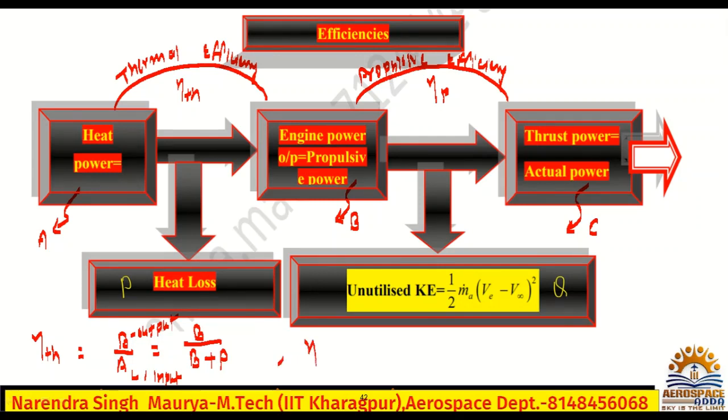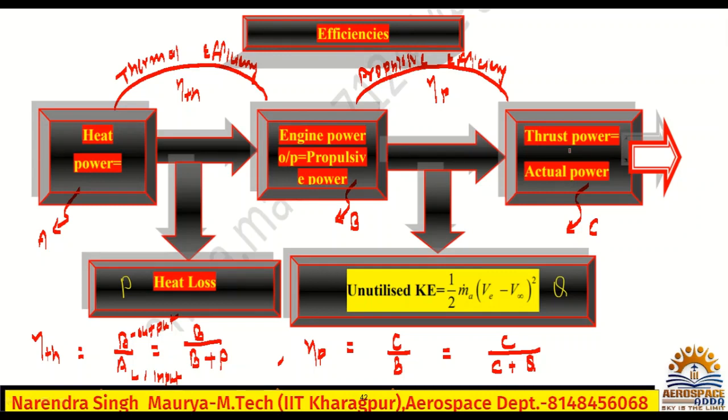Similarly, you can write propulsive efficiency, which is nothing but output divided by input, C by B. Or you can write output divided by input, input means output plus loss. What is the output? C, plus loss. What is the loss? Q. Hope you understood. So for the propulsive efficiency, output is nothing but thrust power, and input is nothing but engine input power, which is called propulsive power.